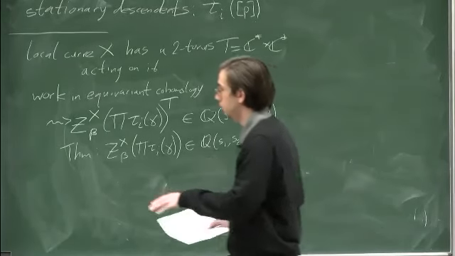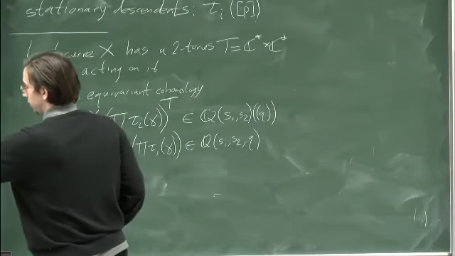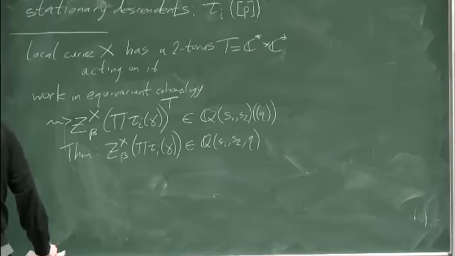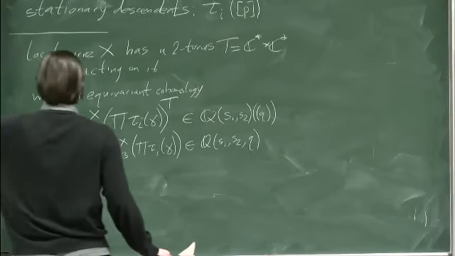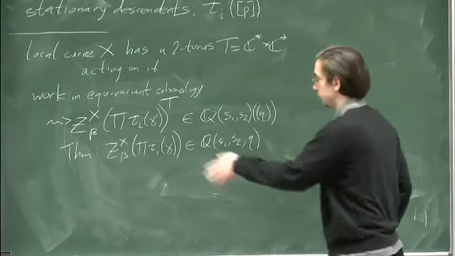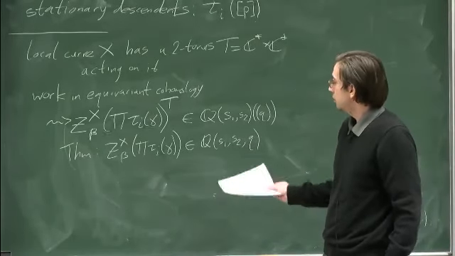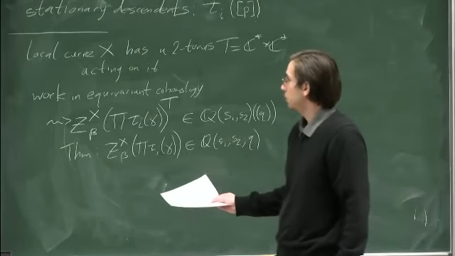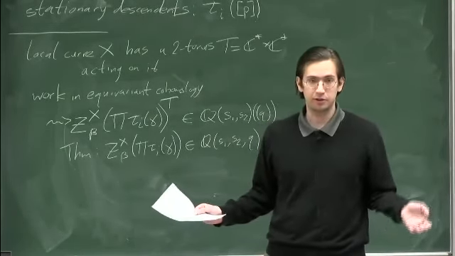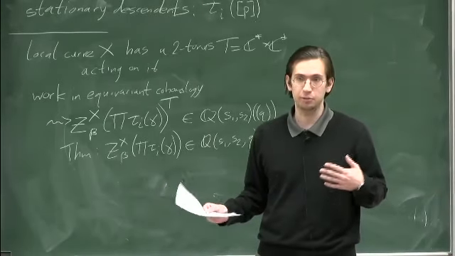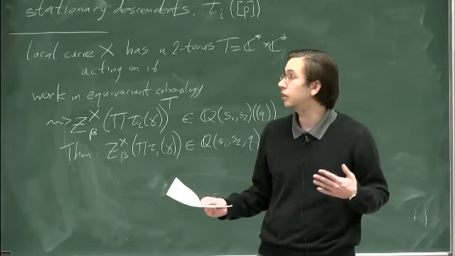Okay, so that's one aspect of how I actually want to consider something a little more general than just the most basic conjecture of arbitrary threefolds. I'm not going to say much about this. It'd be important to consider the relative stable pairs theory.